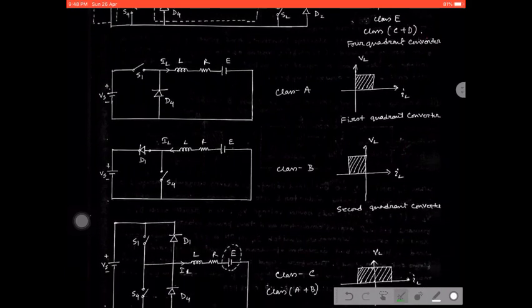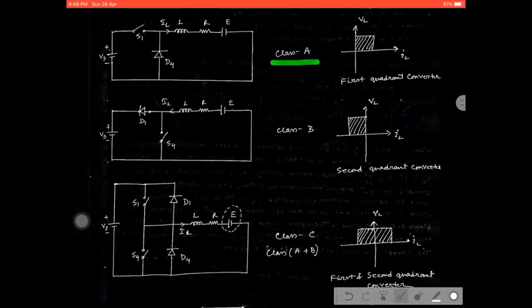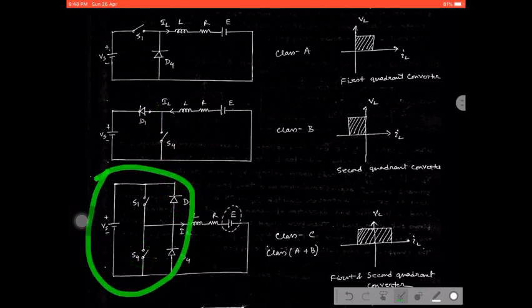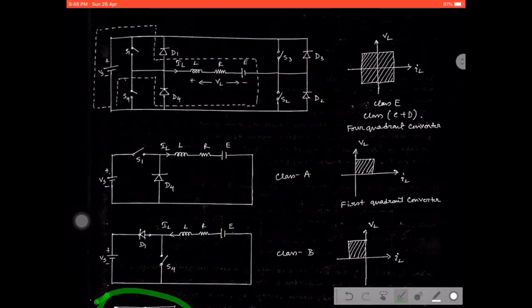Okay. Now see, class A plus class B will give you the class C chopper. That means this section and this section, if we add these two circuits, S1 and D4, which will provide you the class A chopper, then S4 and D1, which will provide you the class B chopper, and they are connected in this particular manner, and that is well reflected in the class C chopper.